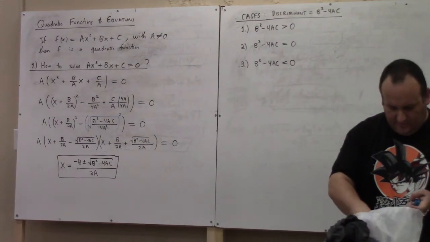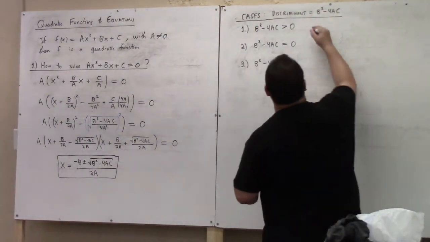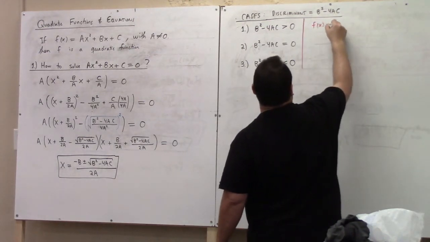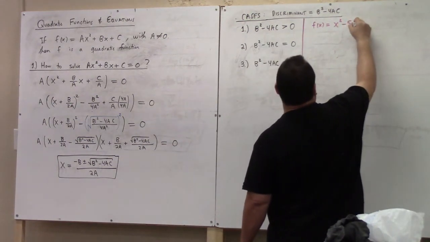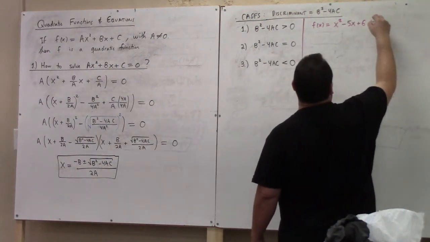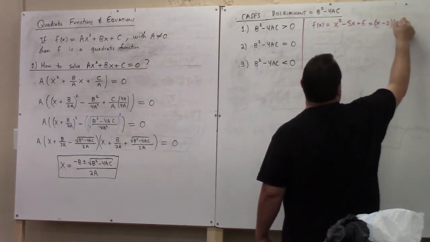Here, let me pair each one of these cases with an example. So, for example, f of x equals x squared minus 5x plus 6, right? So this is equal to x minus 2 times x minus 3, right?